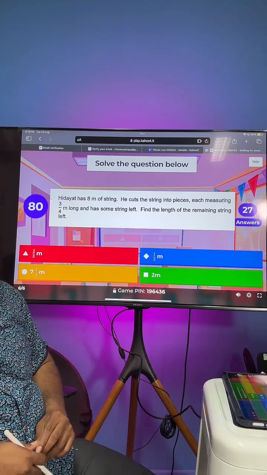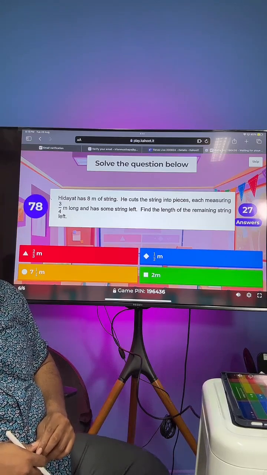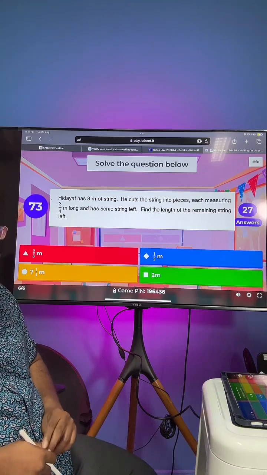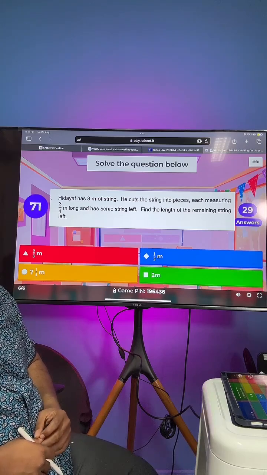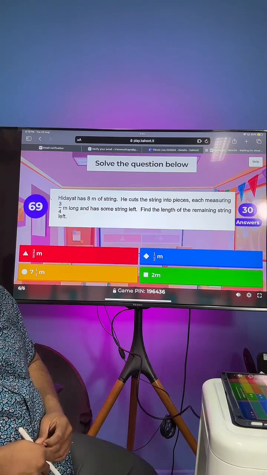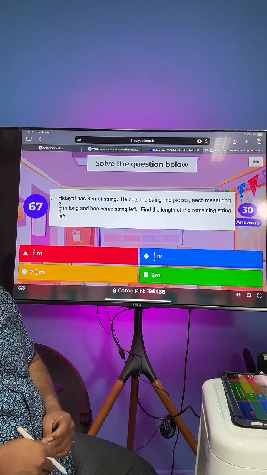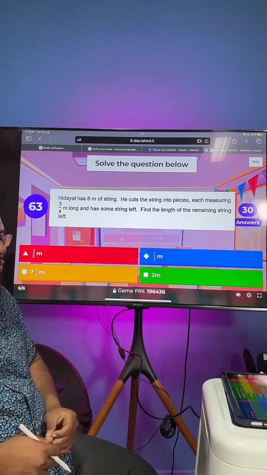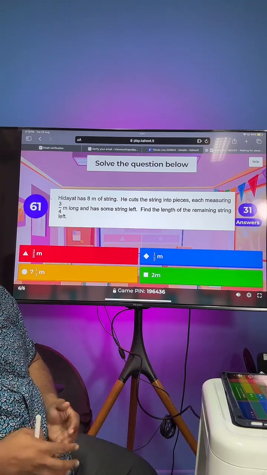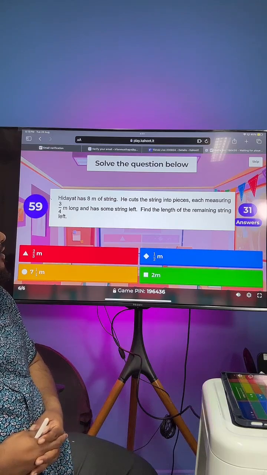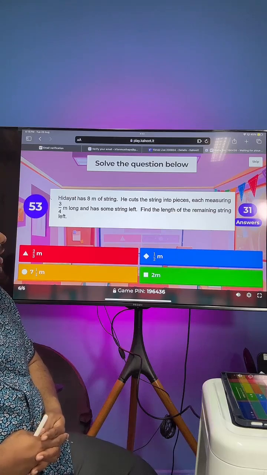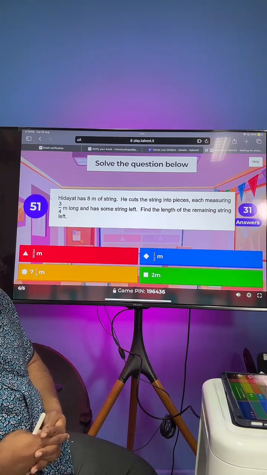Less than 1.5 minutes. Those who have been practicing your fractions, this will be easy for you. Less than 1 more minute. Length of remaining string.